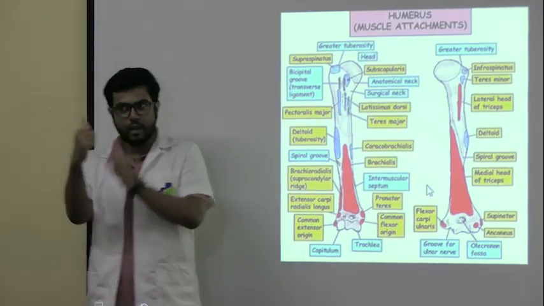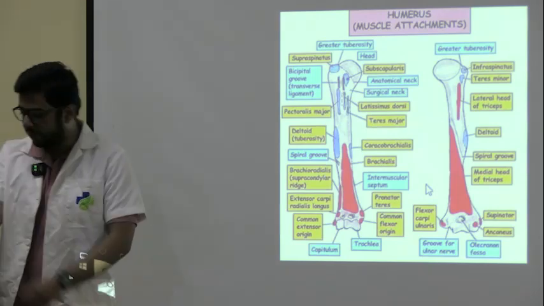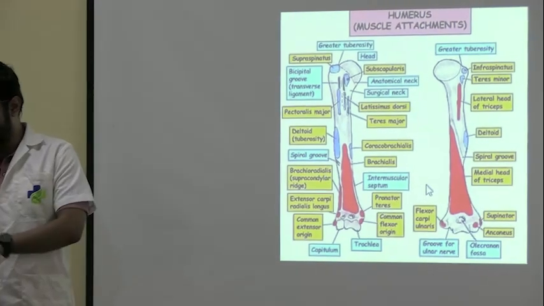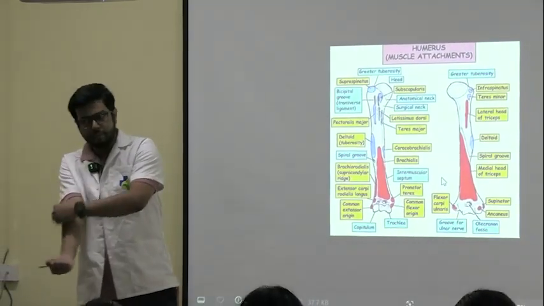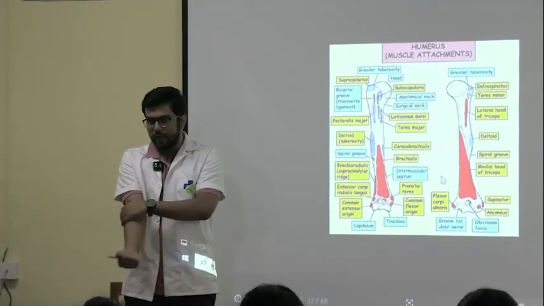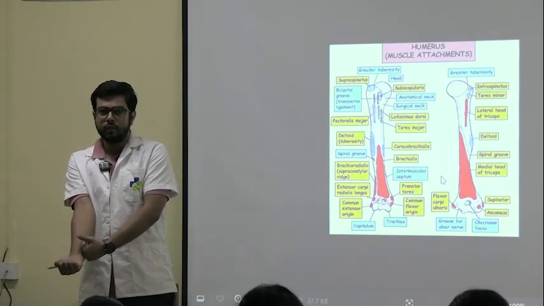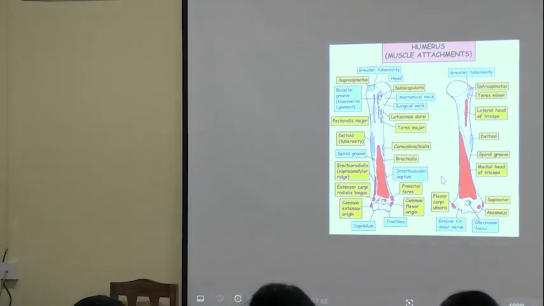There is the ulnar nerve also, and the radial nerve also. In the exam, if they ask you where the ulnar nerve is, and you keep on searching here, it will be a big blunder. At least you should start your search from here. These are the basic things, don't mess it up.